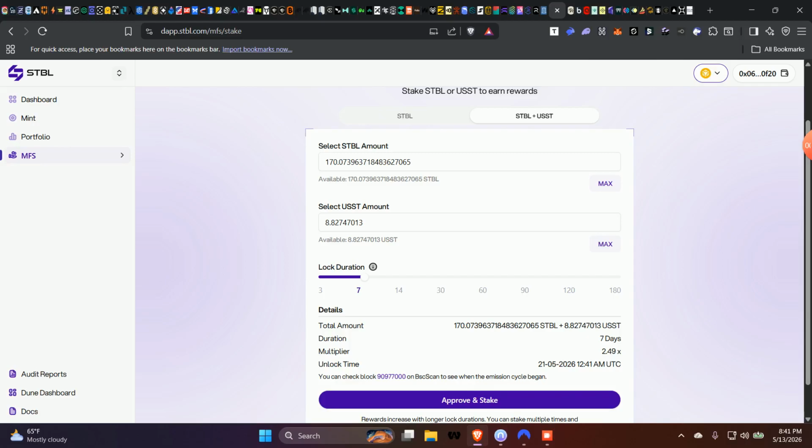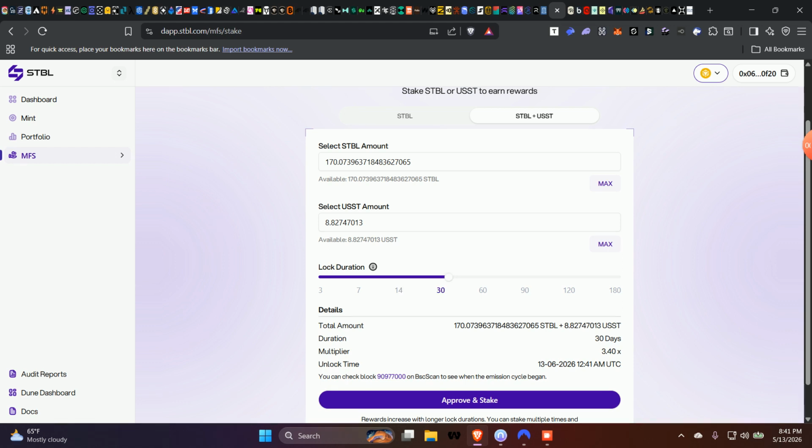We do 7 days, we get a 2.49x. So you see the APRs, the multiplier is much higher than just staking STBL by itself. If you did 14 days, you're going to get a 2.886x multiplier. You do 30 days, you are going to get a 3.40x.